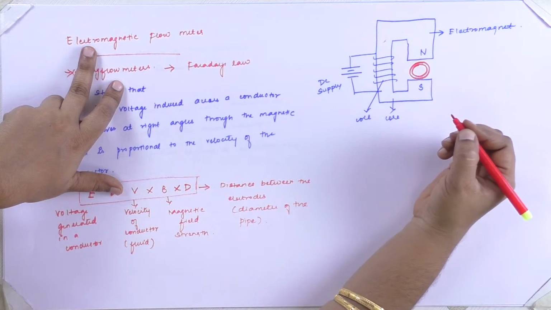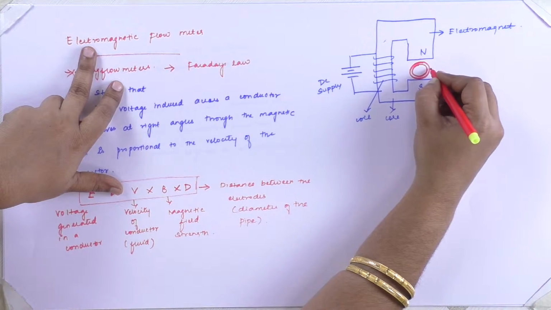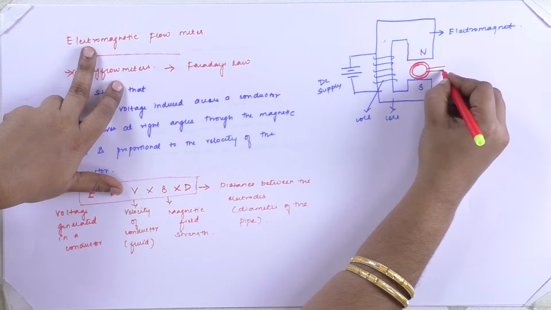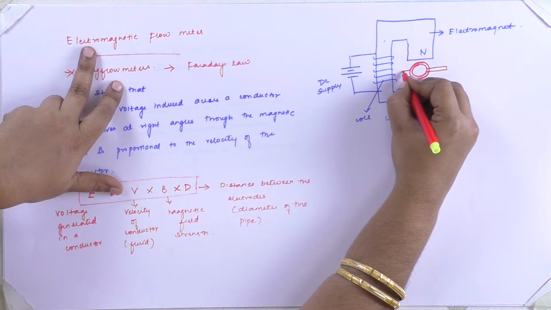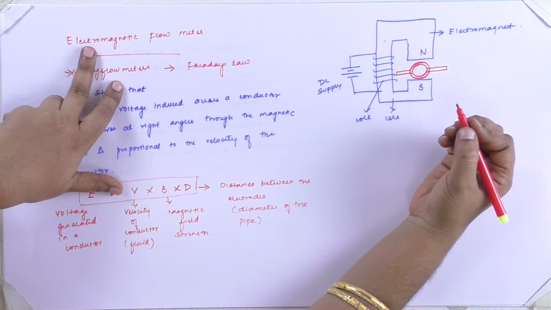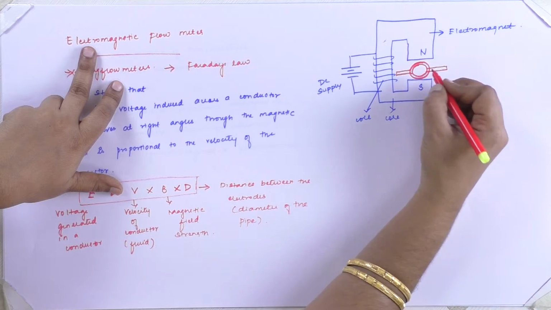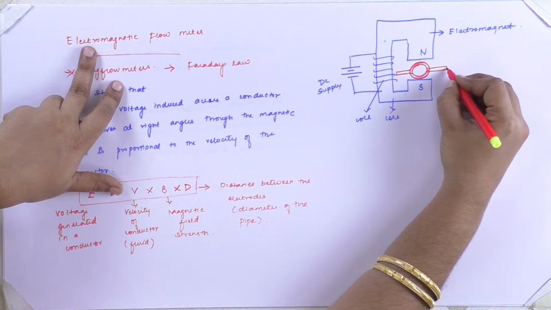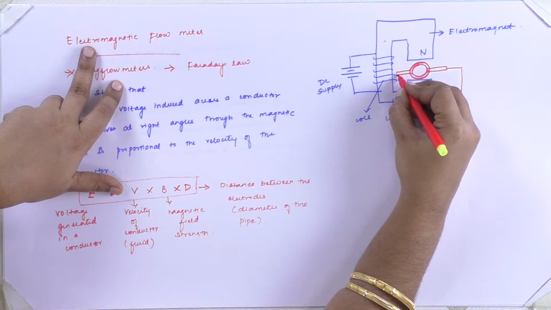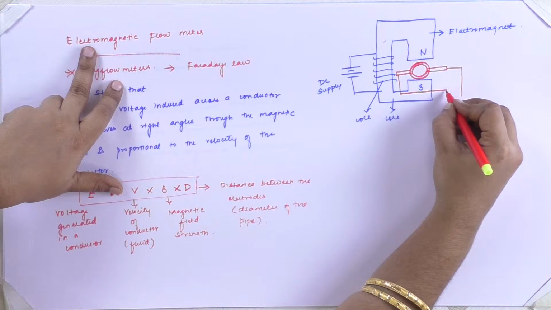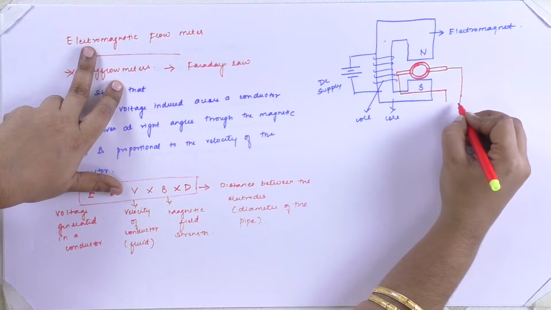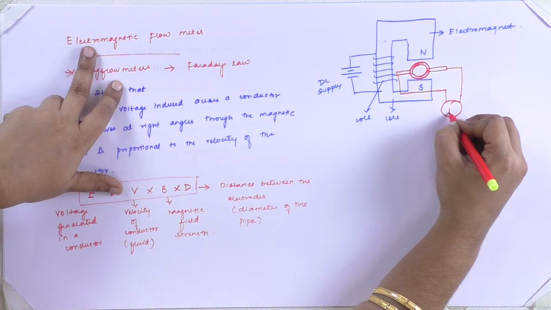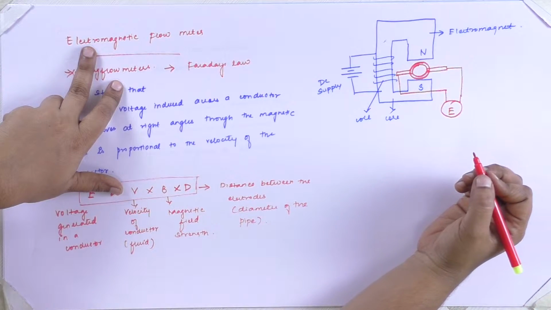This shows the cross-sectional view of the pipe, and at the external ends of the pipe electrodes are connected, which are used to measure the output voltage. The electrodes are connected to a meter.